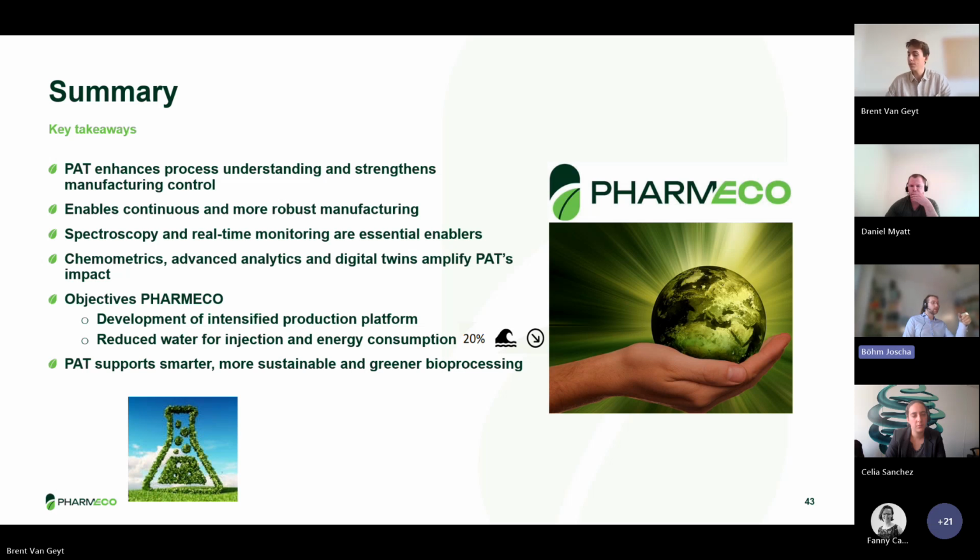In the processing, we want to reduce the water consumption by 20% while simultaneously reducing the energy consumption by 20 to 50%. We've also been reducing the input material and the waste streams. So around 20% water consumption and 20 to 50% energy consumption combined is the goal in this work package.